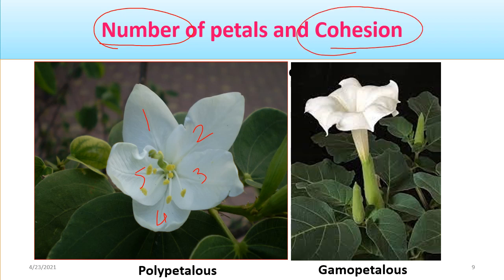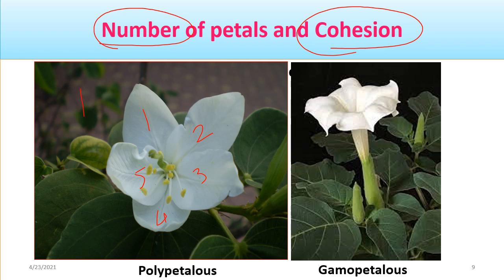Cohesion means when one whorl of a flower is attached to a member of the same floral whorl. If you are considering corolla, then the member of corolla is petal, and if one petal is attached to another petal, that is called cohesion. It may be attached, it may not be attached.